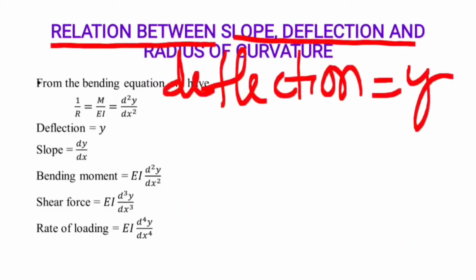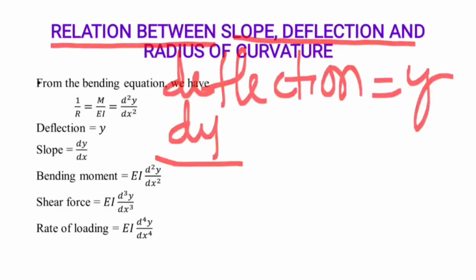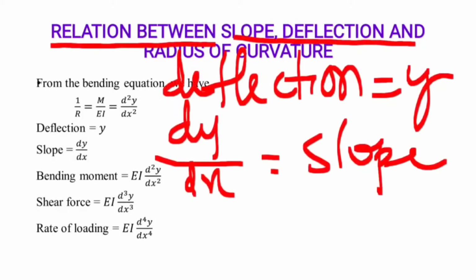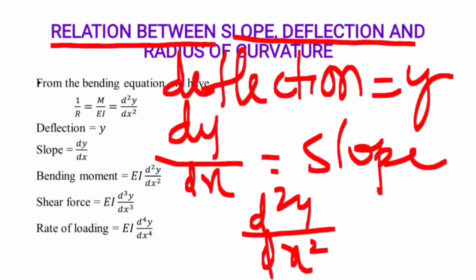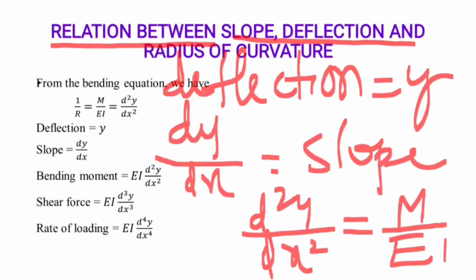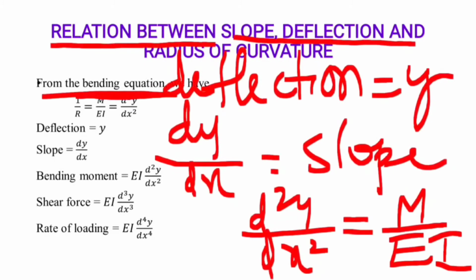The first derivative of the deflection gives the slope. The second derivative of the deflection, d square y by dx square, gives M by EI from the bending equation.